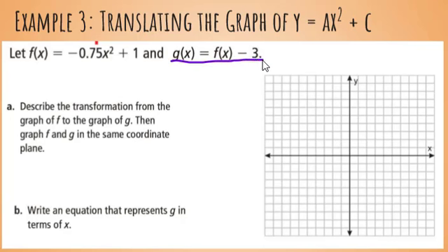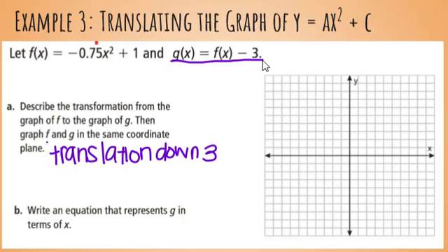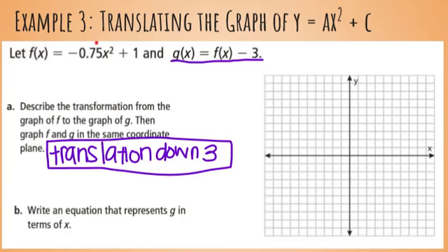So we're subtracting 3 at the end. So the transformation here is a translation down 3. So this is our answer for the first one.